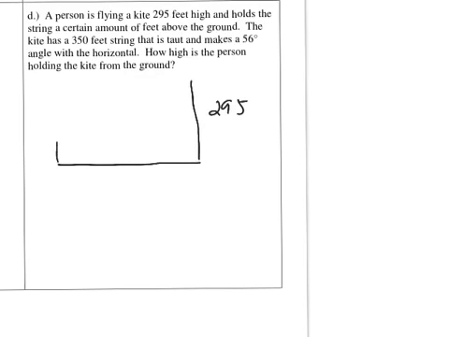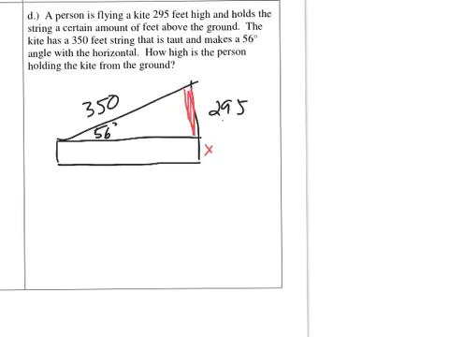But this person is a certain amount of feet above the ground, and the angle is 56 degrees, and there's 350 taut feet of string for the kite. So I want to know how high is the person holding the kite from the ground. Well, in this case, we're going to find this value and subtract it from 295.